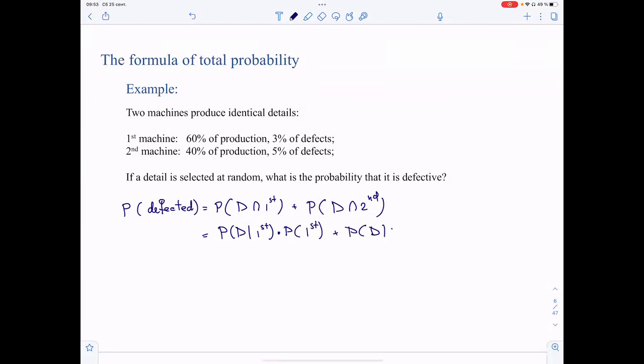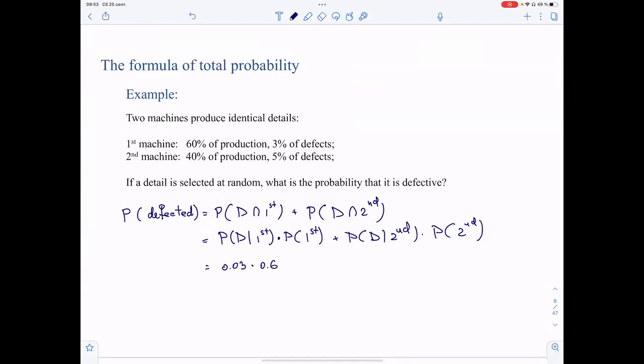Then we know the probability to be defected, given that it was produced by the first machine, is 3%, times the probability of being produced by the first machine, which is 0.6, plus 0.05 times 0.4.